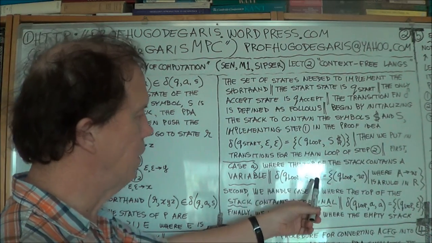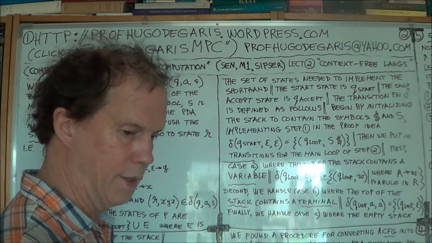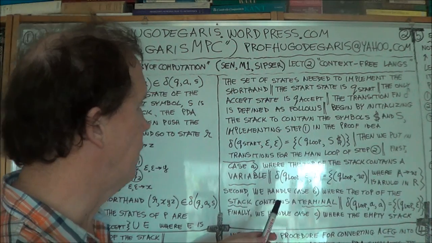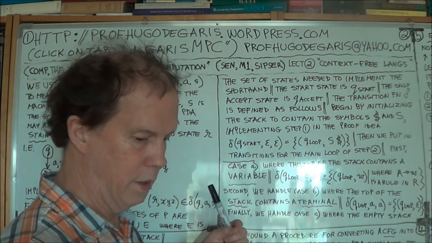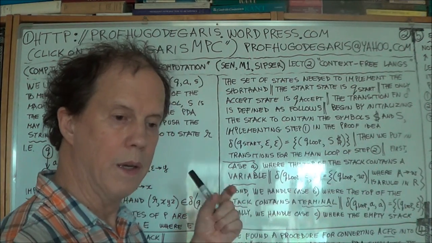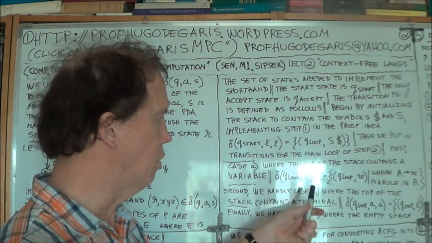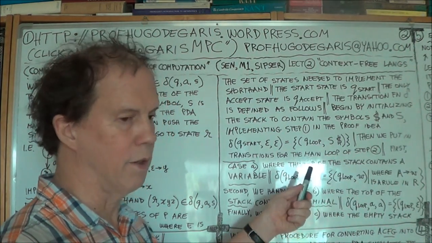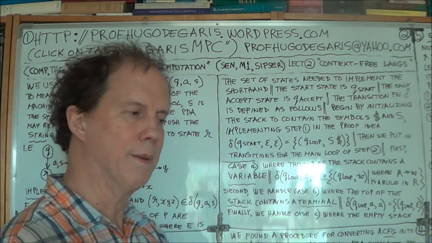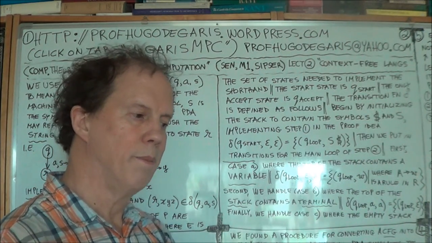We're looking now at the top of the stack, and if it's a variable, then we will pop that variable, and we will then push the right hand side of the transition rule that corresponds to that variable. Now if there are several rules that have the same variable on the left hand side, well then we split. It's a non-deterministic PDA, right?